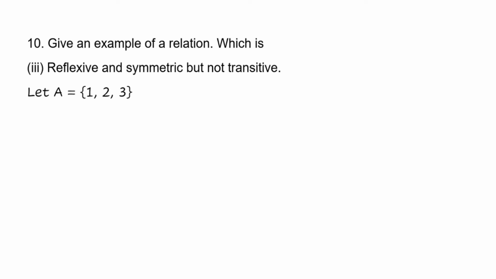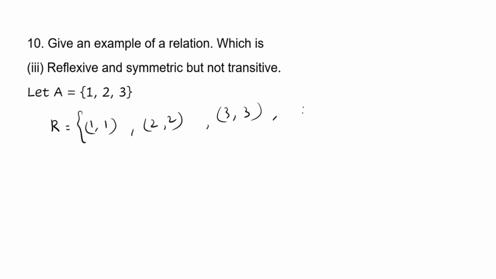The next one, reflexive and symmetric but not transitive. So for the same set A equal to {1, 2, 3}, if we have R equal to (1, 1), (2, 2), (3, 3), if we have these elements, then R is reflexive, then we need to have R symmetric also.